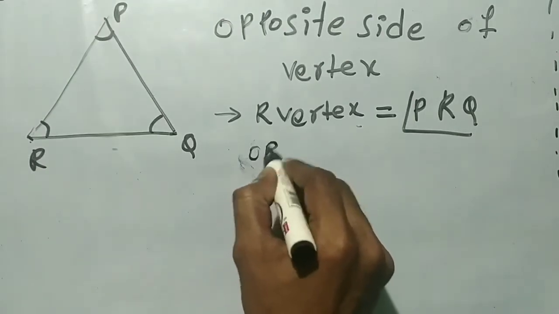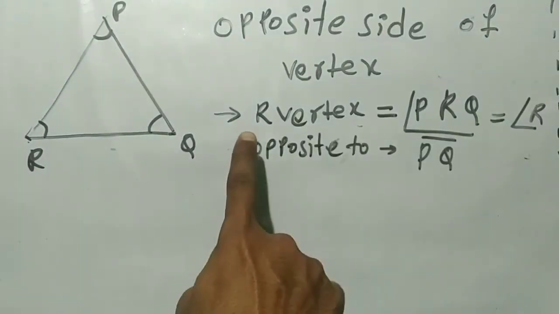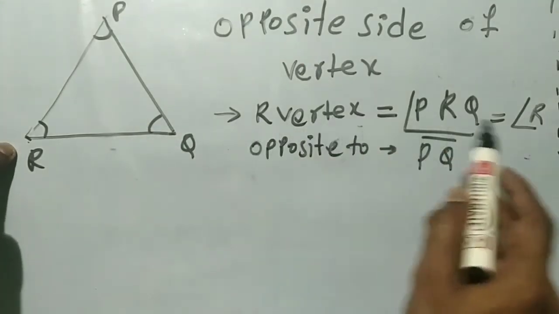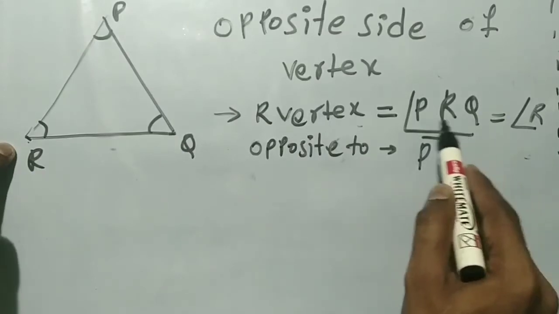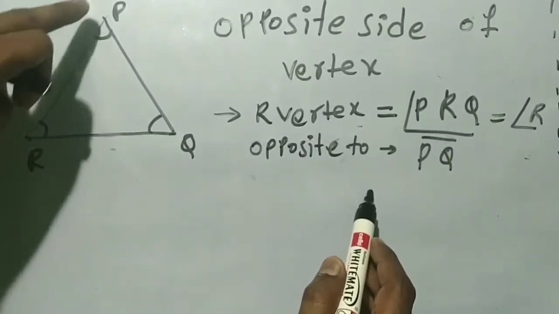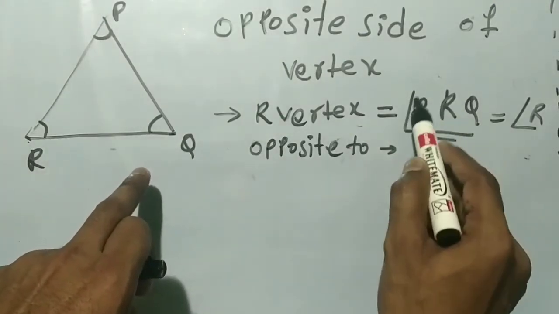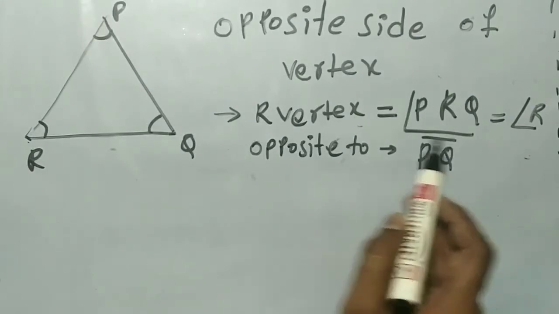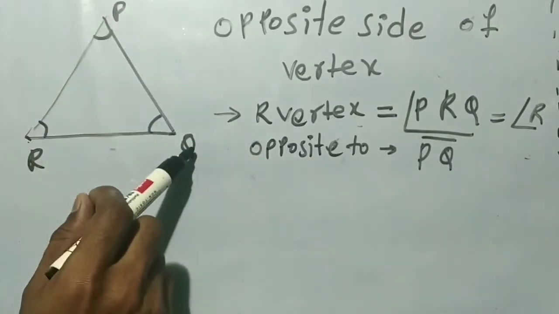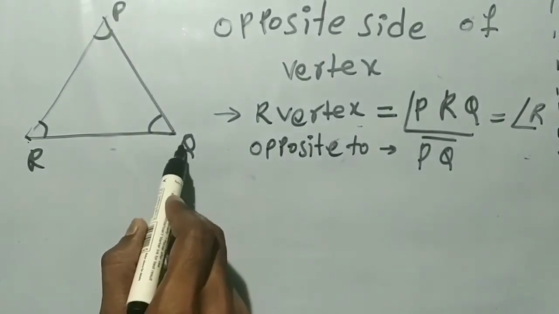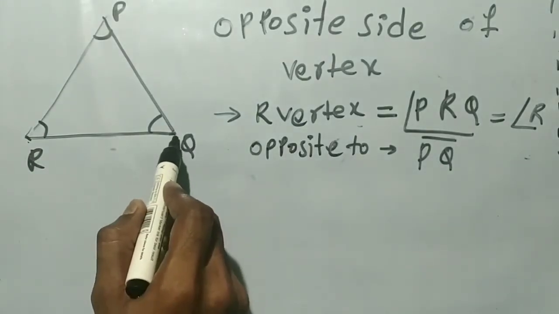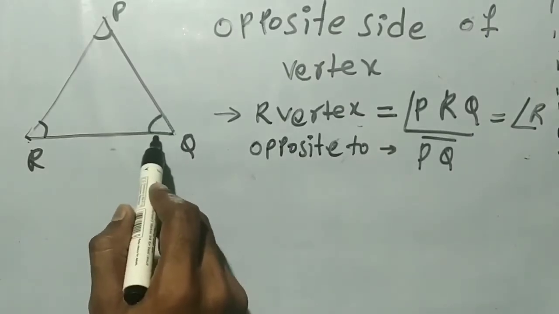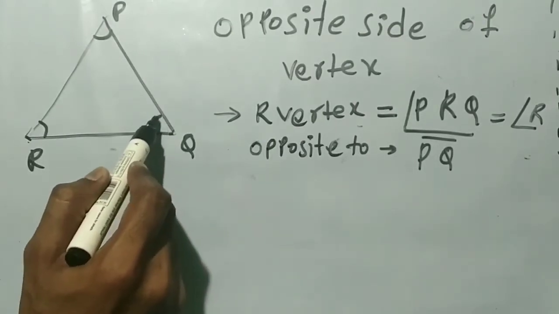Here the R vertex is here. R vertex is nothing but the R angle. The R angle is made by PR and RQ, that is angle PRQ. So the R vertex is opposite to side PQ. Similarly, the Q vertex is the Q angle. The vertex is the common point of two lines, and the space between them is the angle.